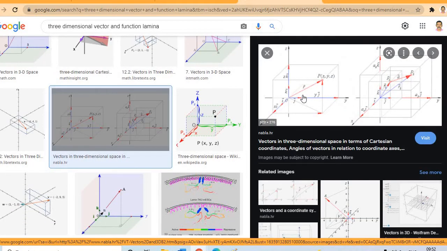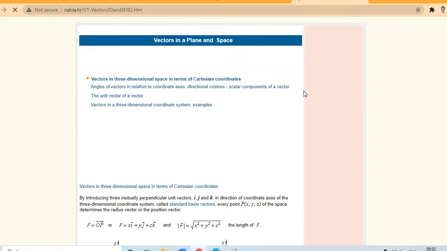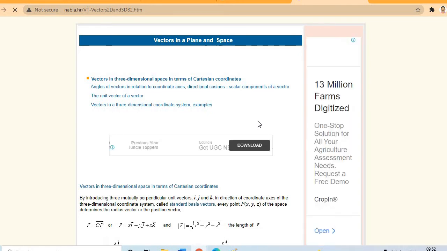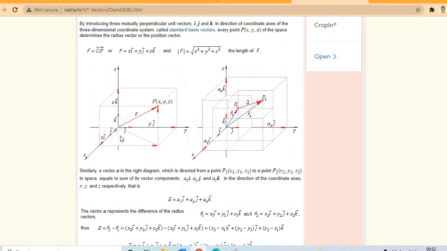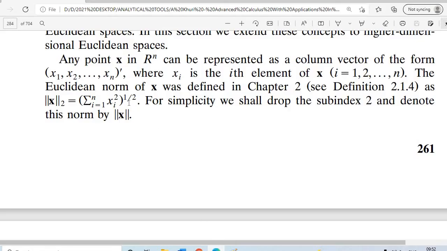When we look at this figure, you look at this line. The arrow starts from the origin and ends at P. So P is the point, and this is the distance between this point and the origin. So how can we represent that distance?